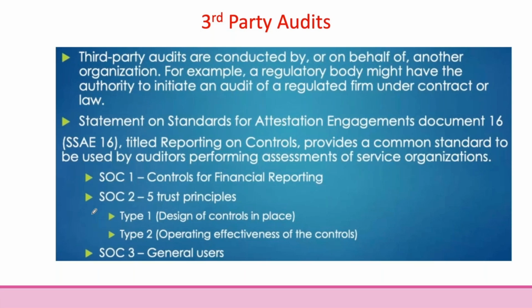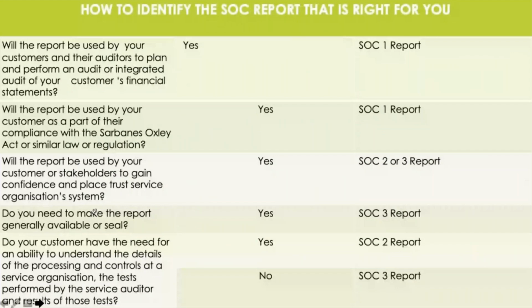So if someone is looking for assurance, then a report designed for that is the SOC 3 report, which is for general users. It is the same as SOC 2, but it does not contain any confidential data. So these are the third party audits. So you can decide what kind of report you can use at what stage.